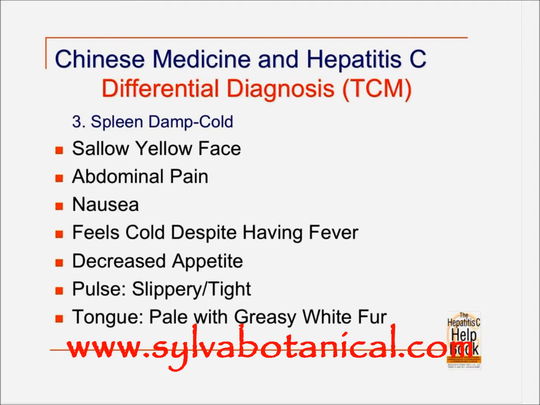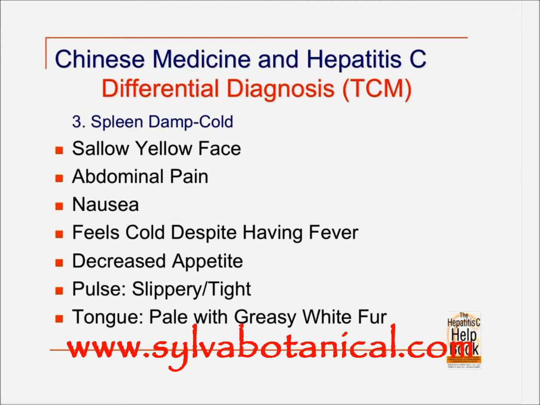Those people tend to be pretty lucky because they know they've got something going on. They'll see a doctor right away, and they may be able to get Western treatments or other treatment that prevents them from having chronic hepatitis C. So these are the stages in which that is important.